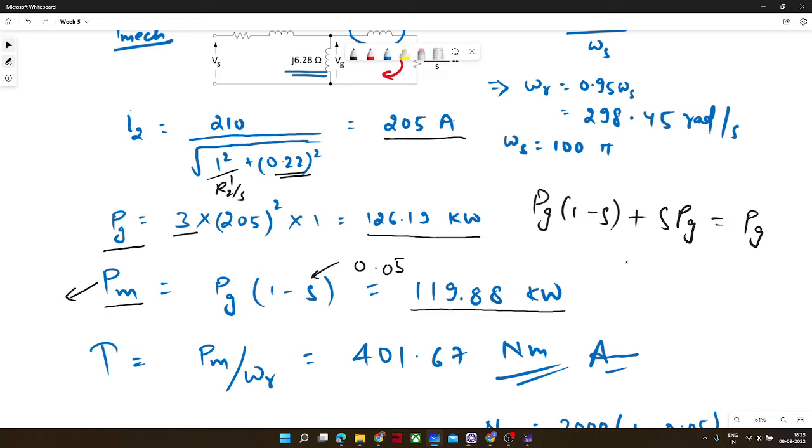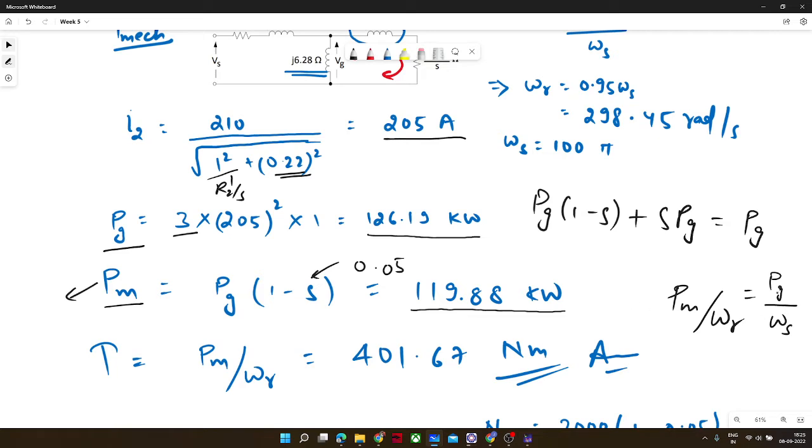So mechanical power by omega R, or air gap power, we know, Pg by omega S, since air gap power corresponds to the stator supply.